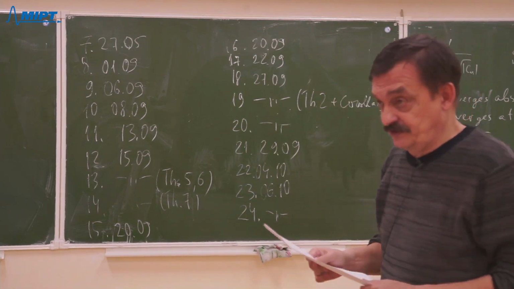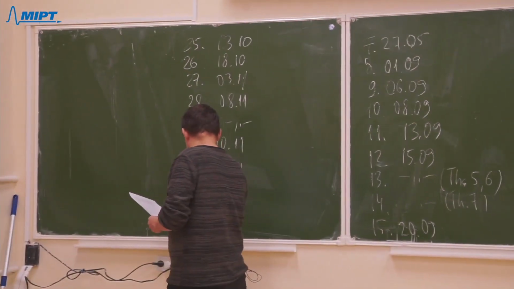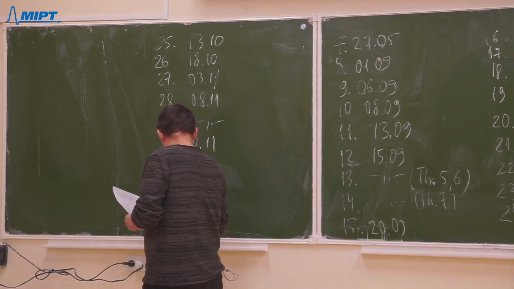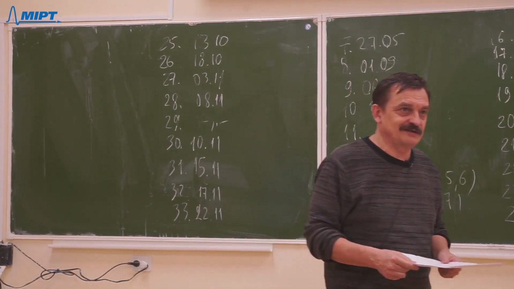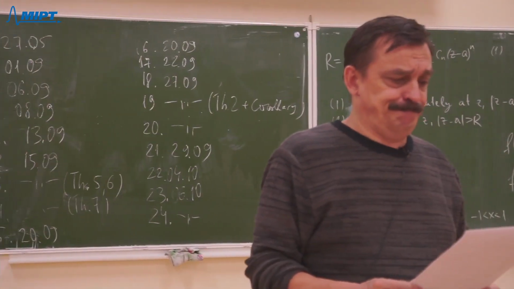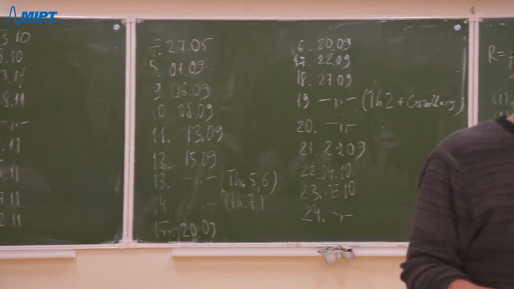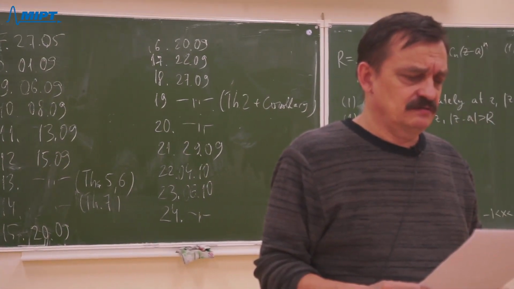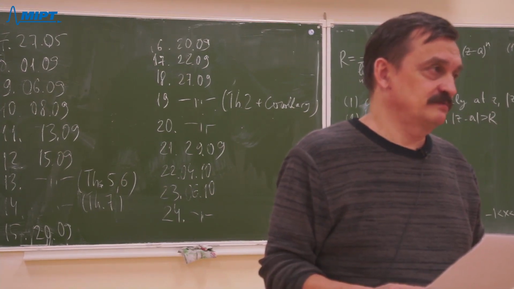Okay, question 33, implicit function theorem. I understand it's quite complicated, maybe the most complicated question, right? And maybe uniqueness. You may forget about uniqueness part.